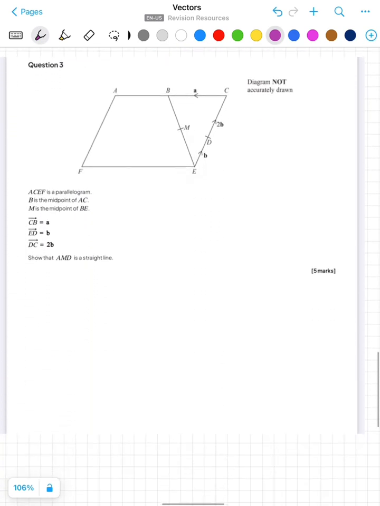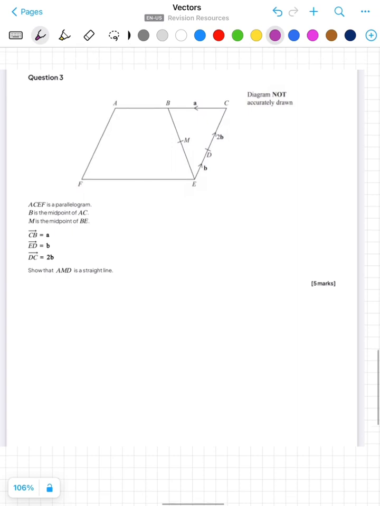So this last one is a 5-mark question, which we would expect to see on the very final few questions of a higher paper. ACEF is a parallelogram. Remember, that's an important point when we have parallel lines. B is the midpoint of AC, so that is halfway.